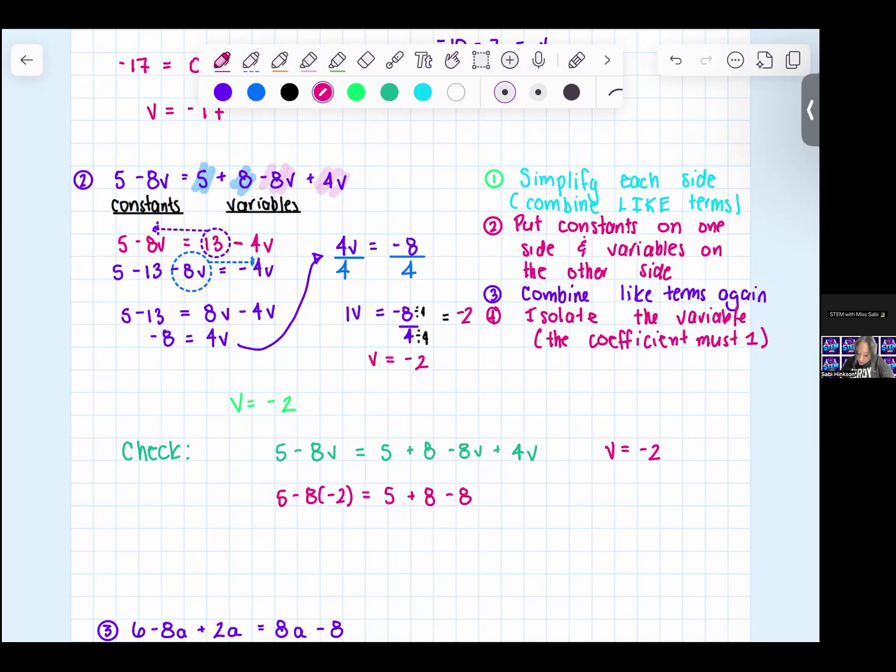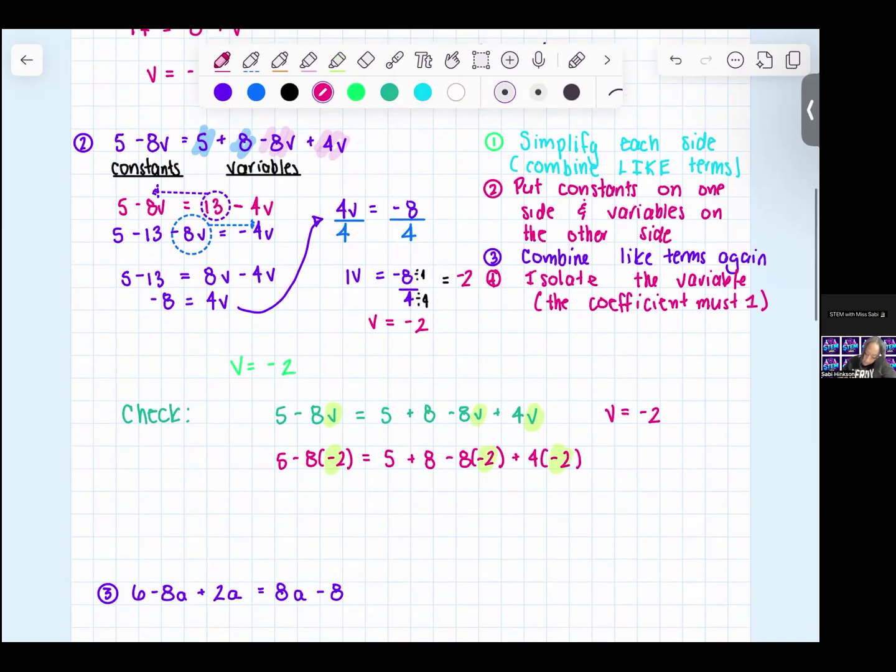So -8 times -2 plus 4 times -2. Now you see that all the v's have been replaced by -2. If I did the work correctly, when I simplify the left and simplify the right, they will have the same number.